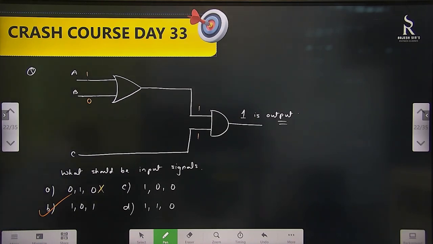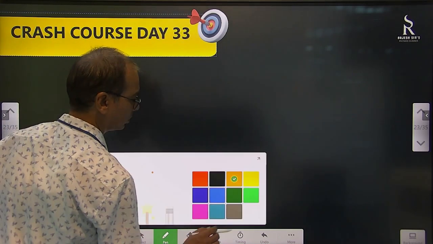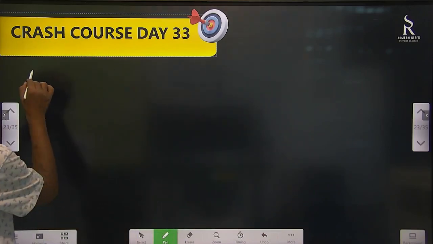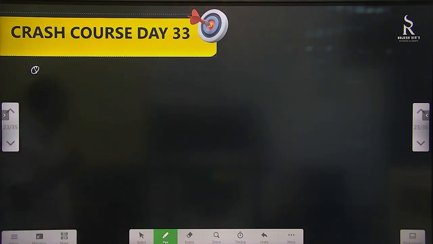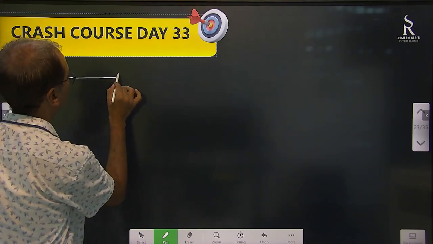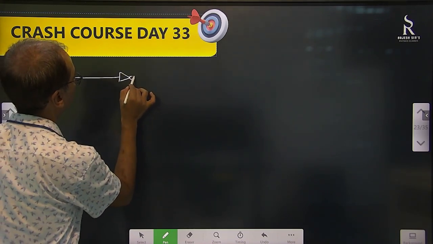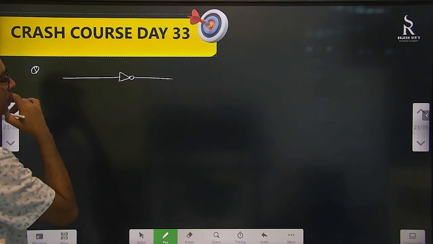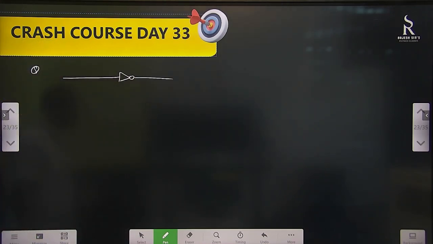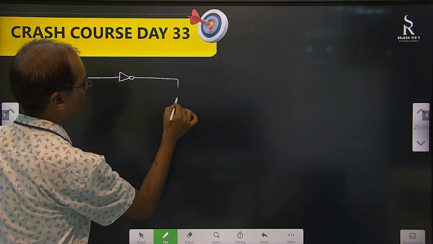Okay. Like this question can be asked, then they can ask you directly truth table also. Find the gate. Okay. Find the gate. So let's see one question we will do like that also. Okay. So we'll try to frame one question. This is NOT gate. One NOT gate directly we are having.